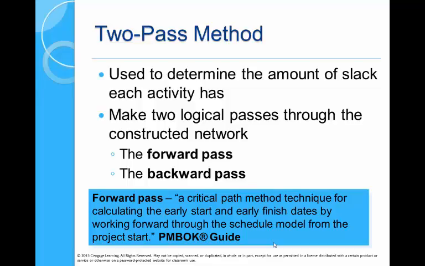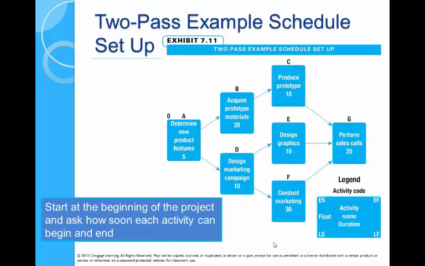The two-pass method, let's go through it. Forward pass, that determines how long the project will take, and it tells you the earliest start times and earliest finish times for each activity. So here, the earliest start time for A is time 0, but activity B cannot start till A is finished, so its earliest start time is, that's right, 5.